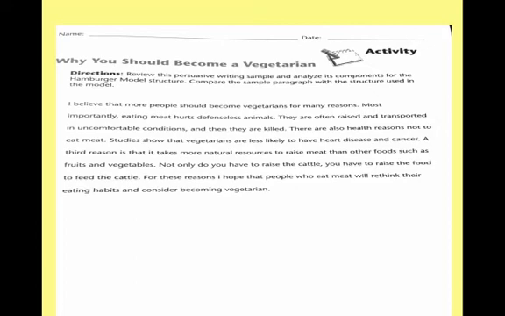So this paragraph says why you should become a vegetarian. And what I want you to look for and be able to identify in this paragraph is which sentence is the topic sentence, which is considered the top bun. What is the meat or the supporting information in this paragraph?